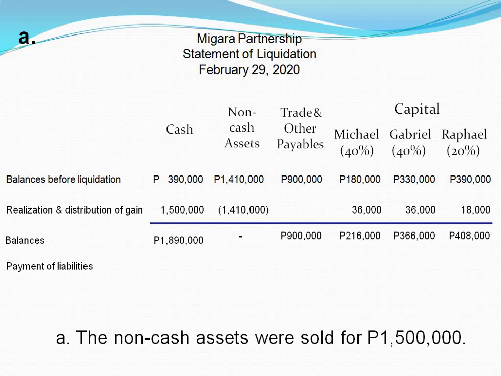When the liabilities are paid, the liabilities decrease. So, open close parenthesis, 900,000 under trade and other payables. And also, cash, of course, decrease for the same amount, 900,000. Get the balances now.